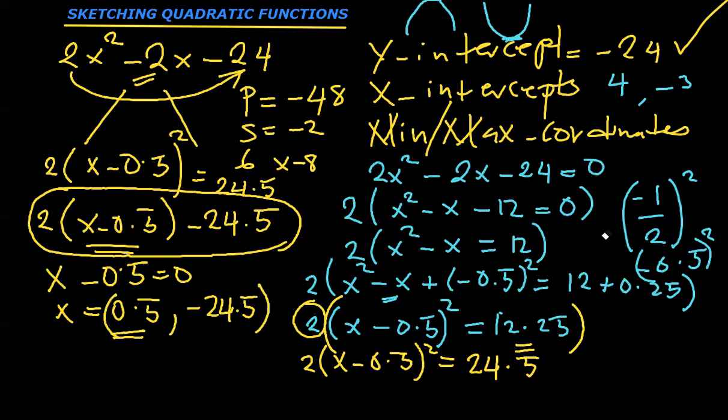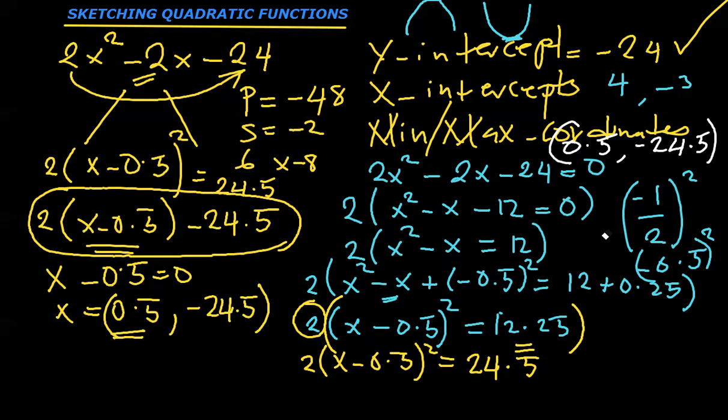So I'm just going to write it here, using a different color: 0.5, negative 24.5. All right, so we have everything we need now to sketch.